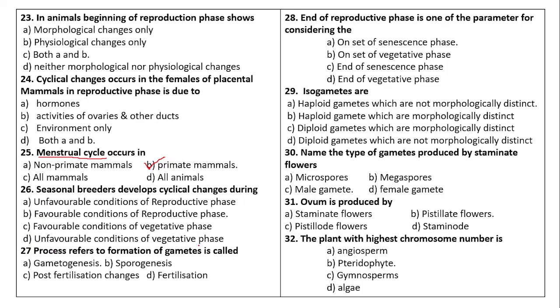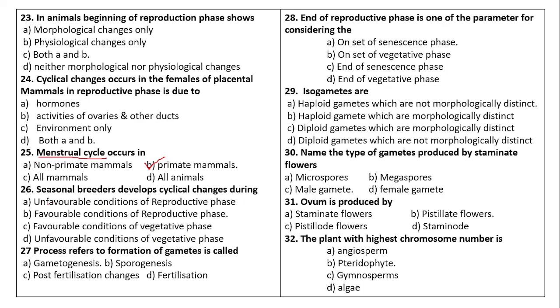Look at this particular point. In the vegetative phase, no sexual or reproductive cycle takes place. The reproductive cycle takes place only in the reproductive phase. So options C and D will be deleted. Either option A or option B will be the correct answer, so let us see which.